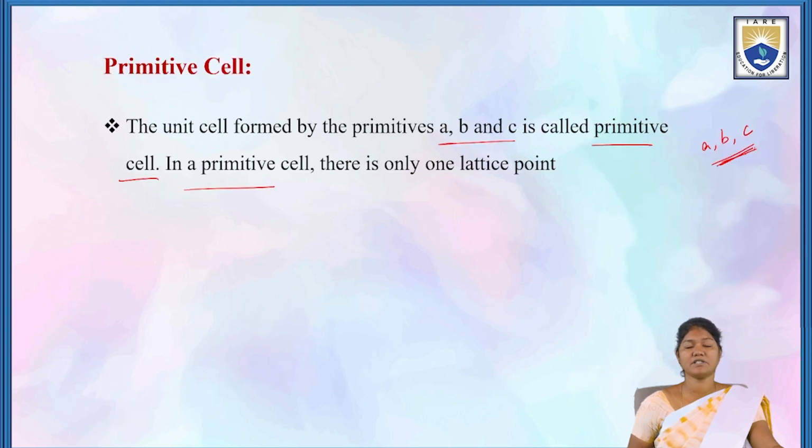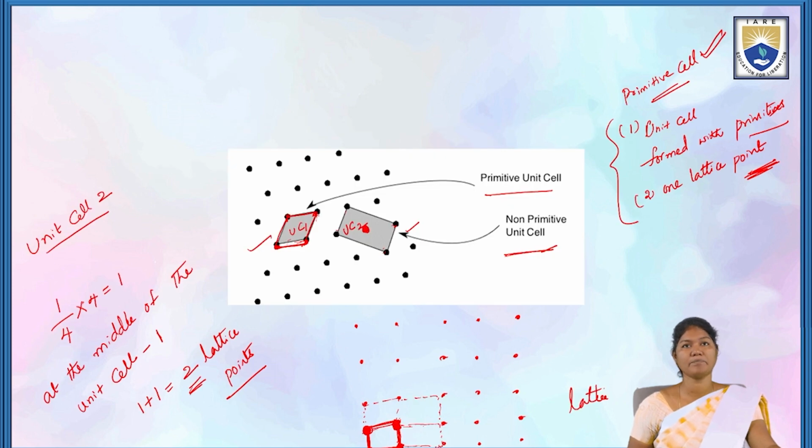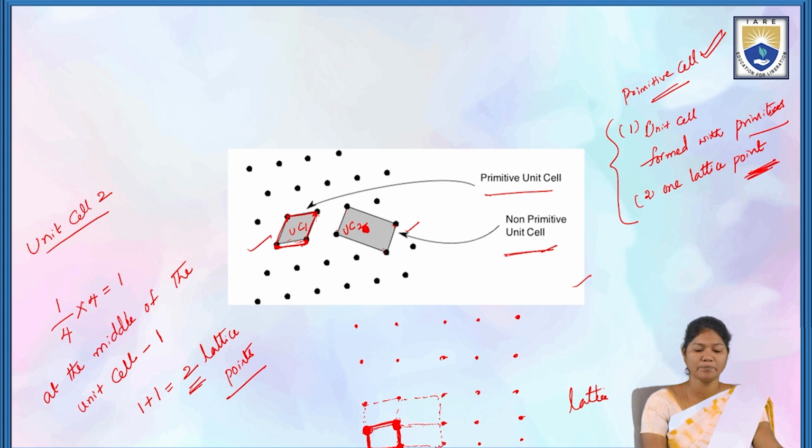Then we have seen the primitive cell, and with the diagram we have clearly discussed how primitive cells can be formed, how it is primitive, and how the other one is non-primitive. And in the next session, we shall see about the Bravais lattice.